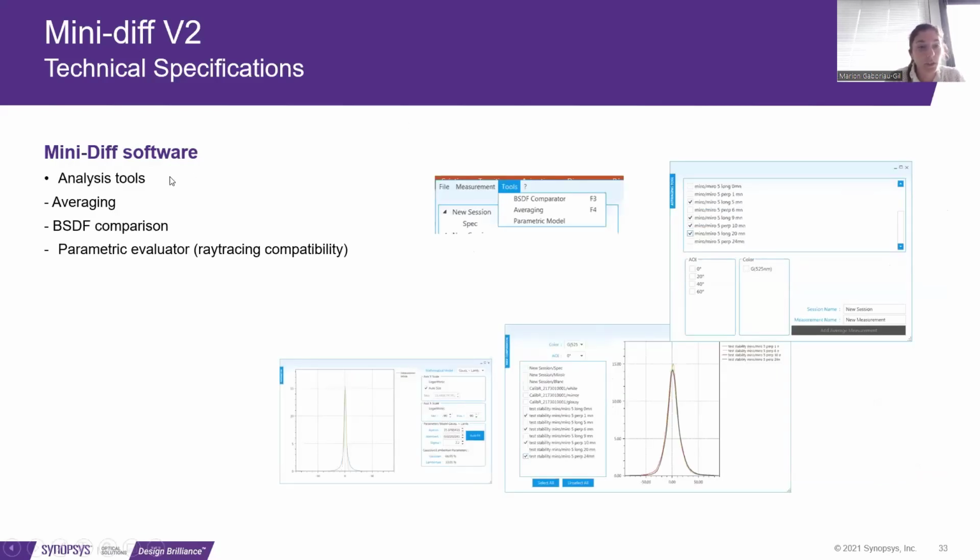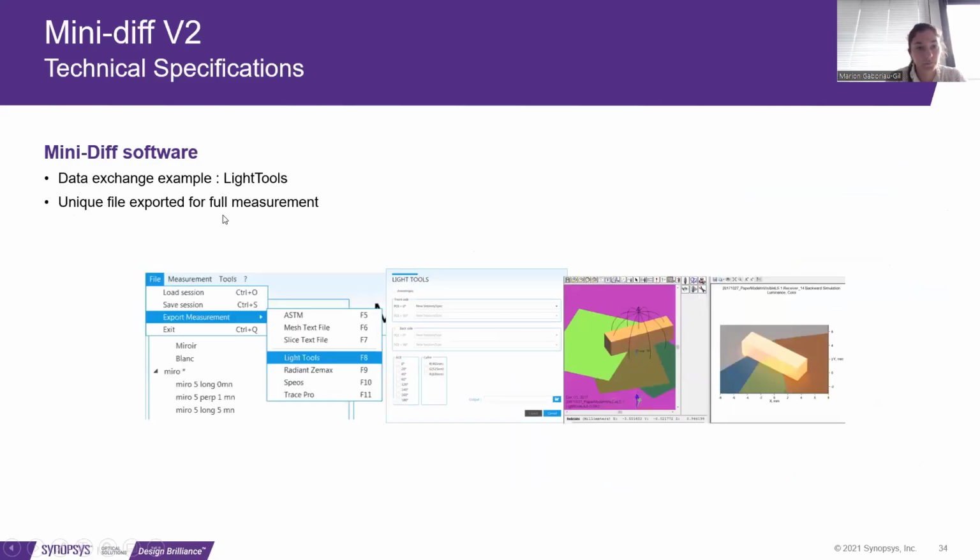It also provides different analysis tools to do some averaging, BSDF comparison, or parametric evaluator. As explained before, it permits you to export the data for optical software such as LightTools. And you have to know that it's a unique file exported for a full measurement.